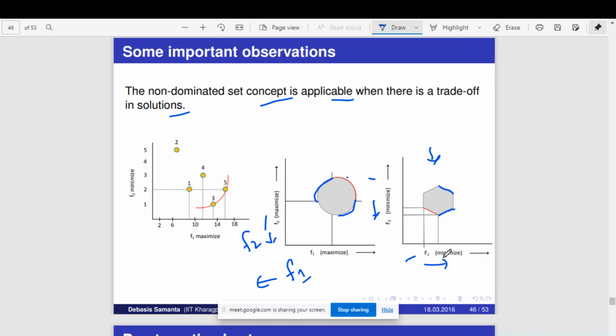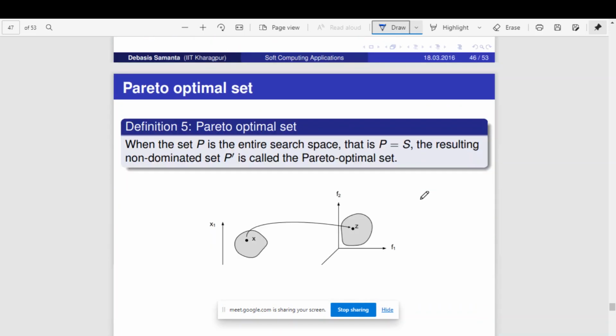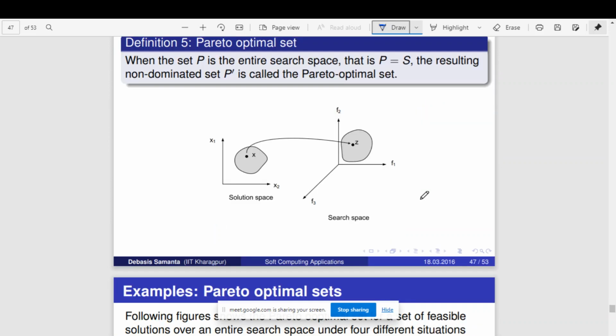If you want to minimize F1 and minimize F2, yeah, that is here already given. Okay, okay. Minimize F1, maximize F2. Yeah, this one. Okay. So like this, depending on the shape, you can identify the Pareto optimal front. Okay.